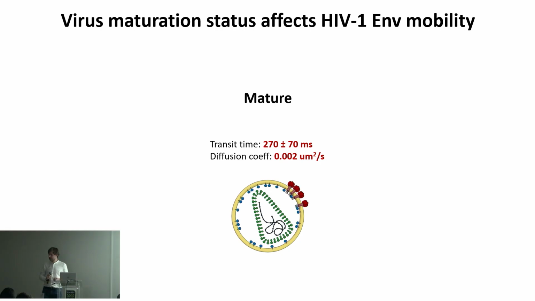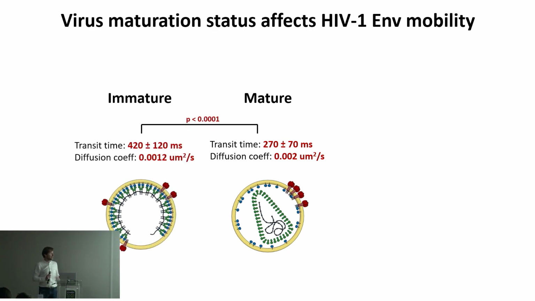And here we came to a very big surprise, because we found out that the mobility of ENV on the virus particles was incredibly slow. It has been indicated already before that FCS may not be very reliable when we talk about slow molecules, and this was the case here. So those numbers have to be taken with a grain of salt, because I'm not sure if they represent the real diffusion coefficient.